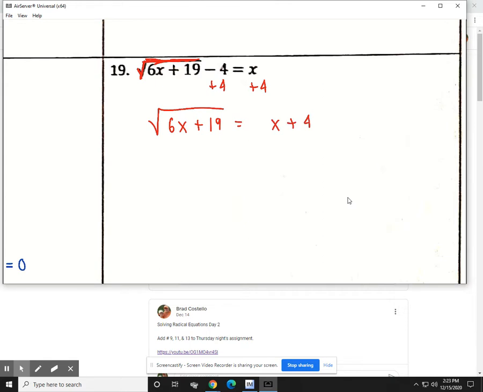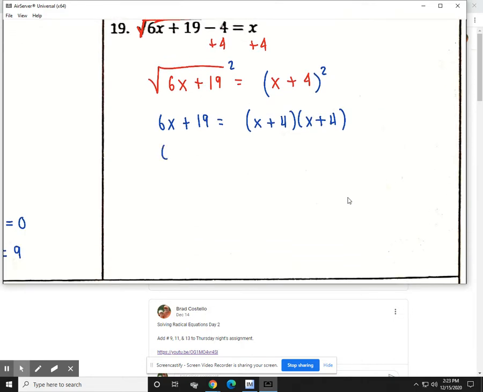So now when I square this side and I square this side, I'm squaring the entire thing, x plus 4. On the left side, those cancel, and we're left with 6x plus 19. But on the right side, we're dealing with x plus 4 times x plus 4, which we did yesterday, a couple of problems.